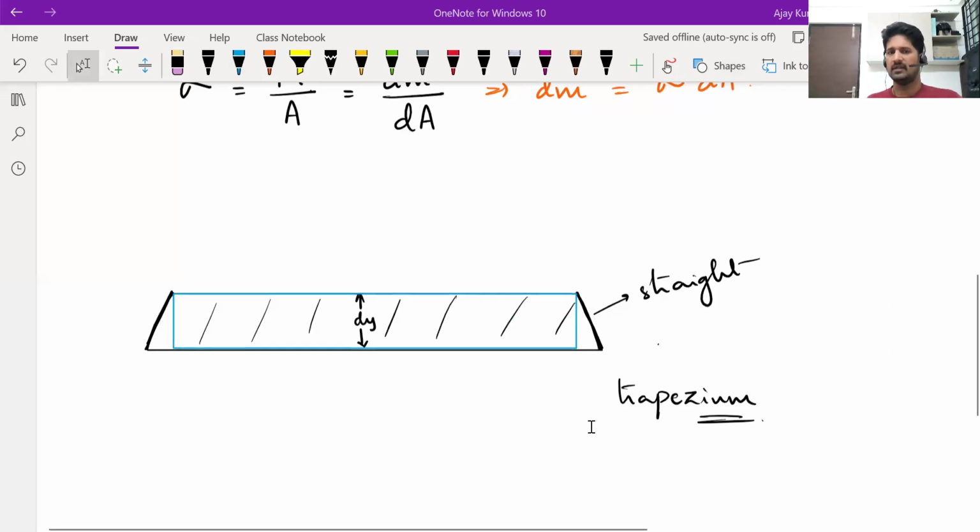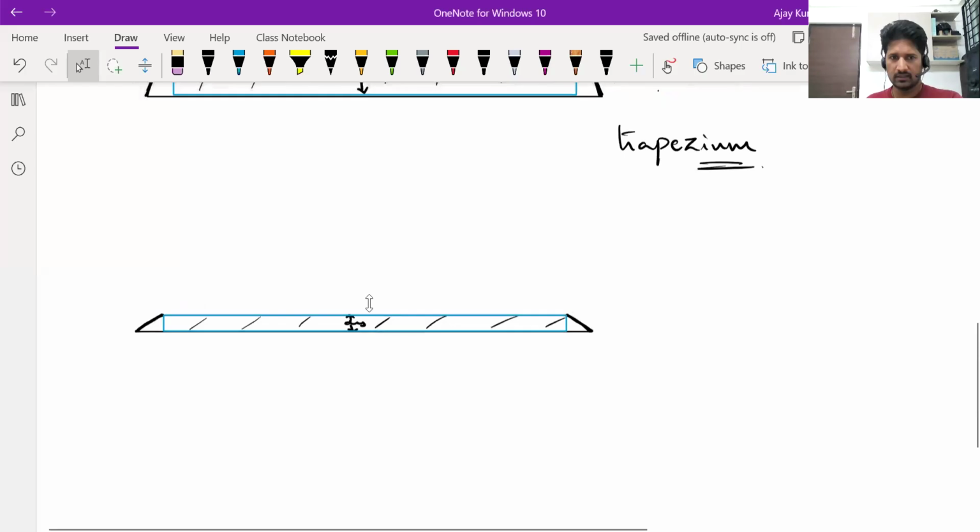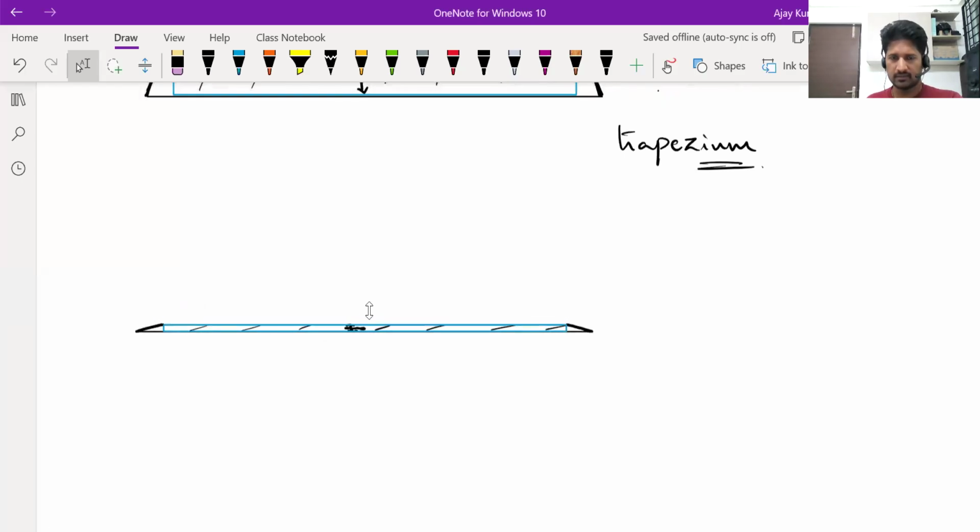But the trapezium's area can be considered as a rectangle plus two small triangles on either side. Now see, the height of this trapezium is very, very small, tending to 0. Consider it like this.